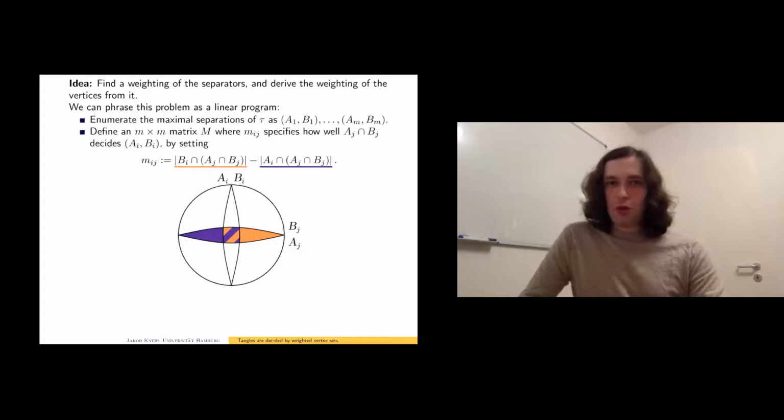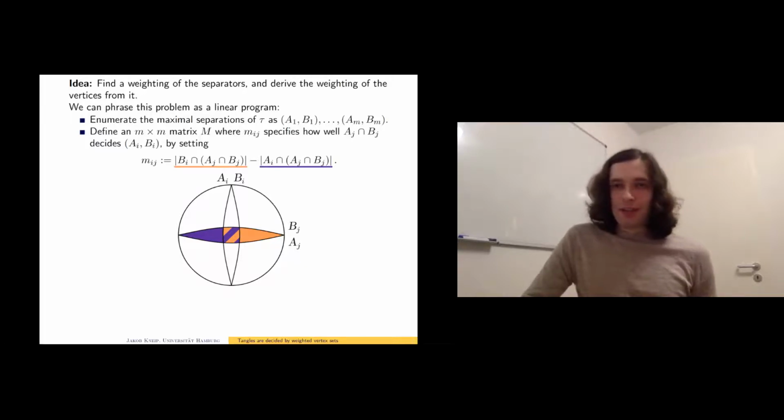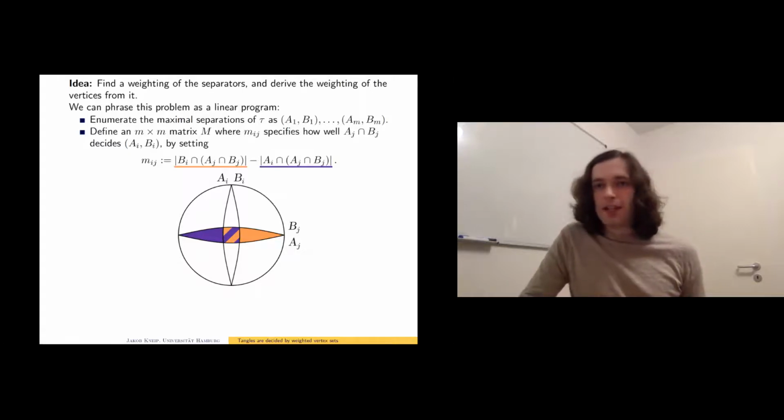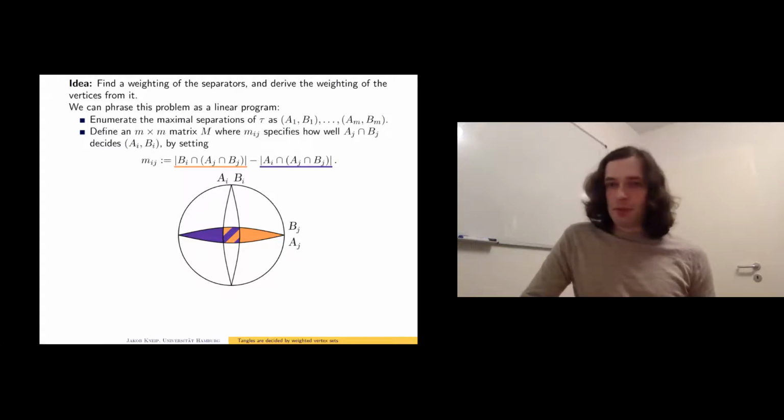Now, once you have this matrix, and we have chosen in some way some weights that we want to assign to the separators, how can we, from this matrix, calculate how well the weighting of these separators, or the weighting of the vertices we get from that, decides all of these separations?